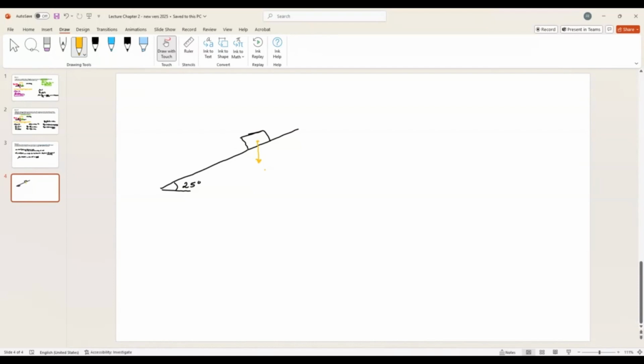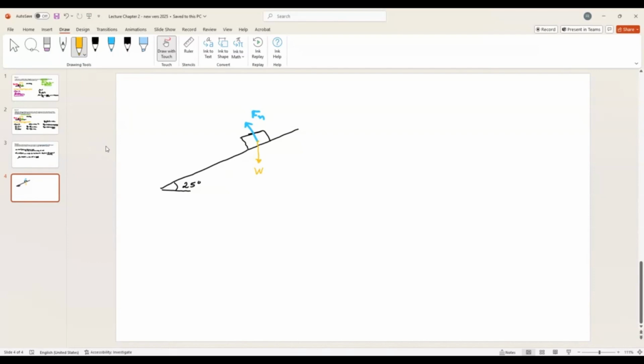And the weight, of course, is going to be equal to the mass of the block times gravity. Now, there is another force, the normal force, that we know is always perpendicular to the surface of the incline. So the normal force will be acting in this direction. Now, you can break down the weight into components.